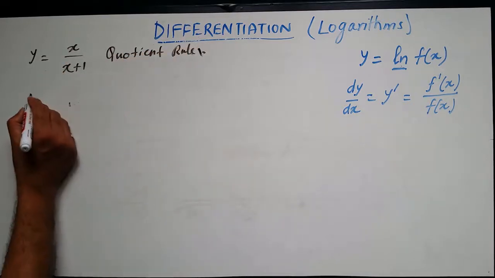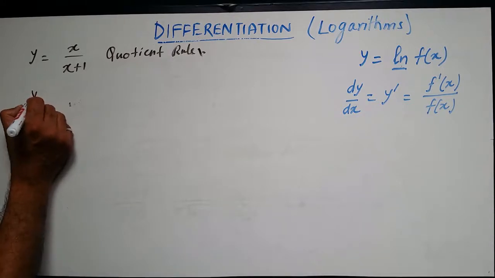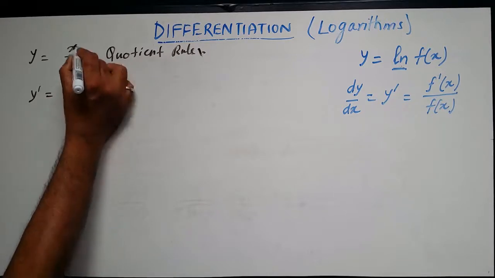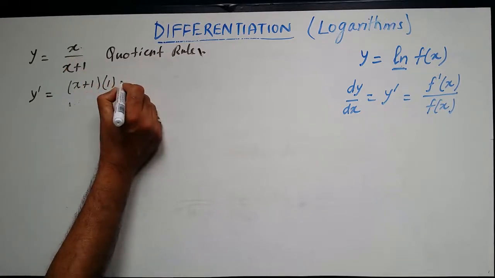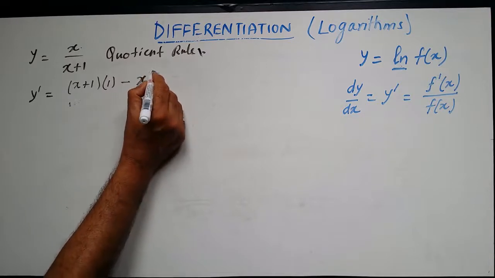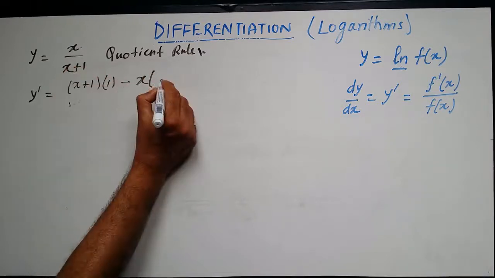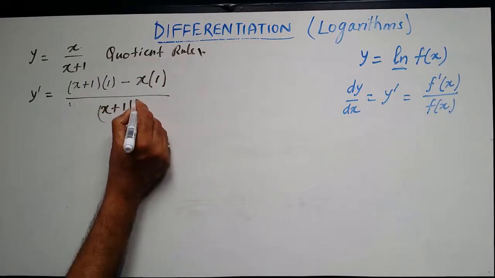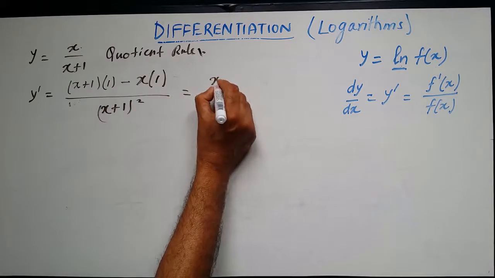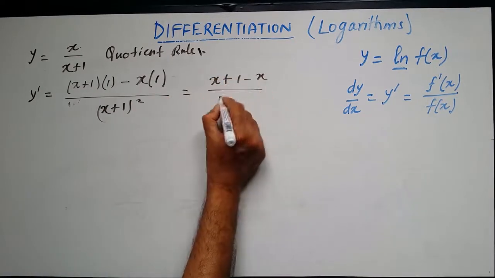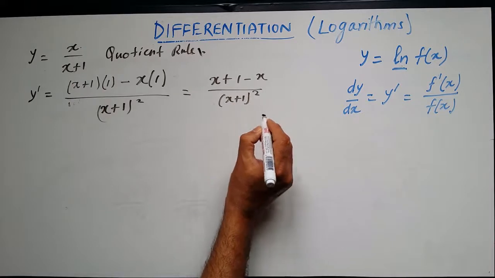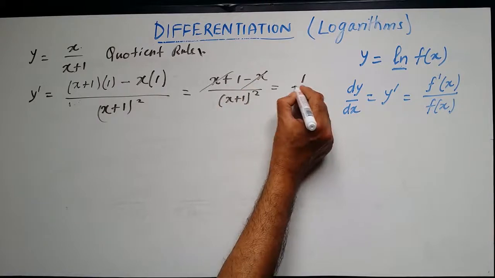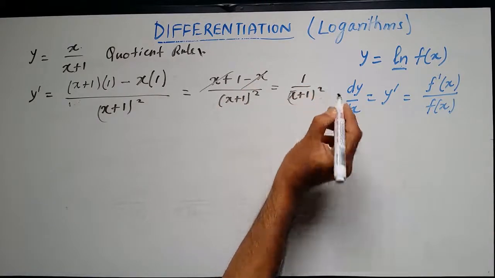Here y dash is equal to x plus 1 into the derivative of the numerator, that is 1, minus the numerator into the derivative of the denominator, that is again 1, upon the denominator whole square. So we get x plus 1 minus x upon x plus 1 whole square, and this cancels off, so we get 1 upon x plus 1 whole square.